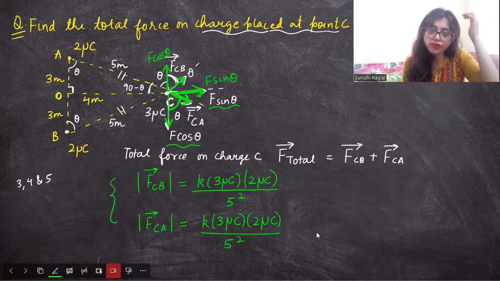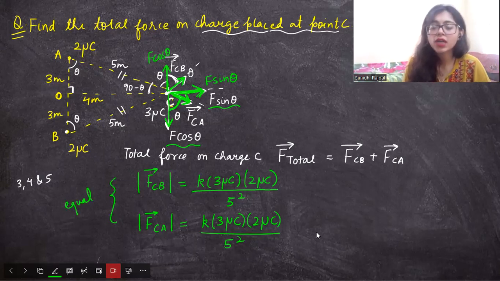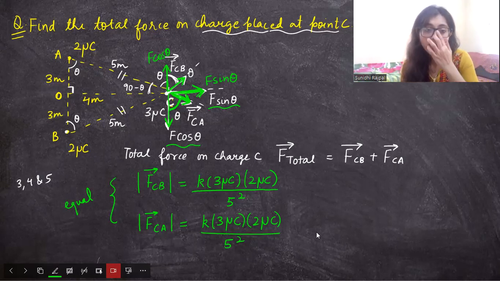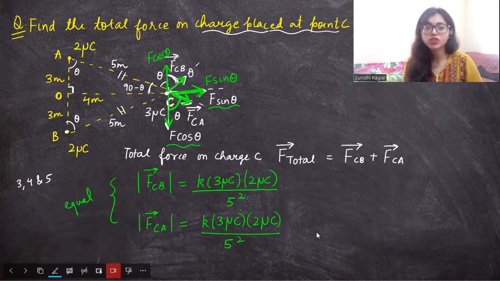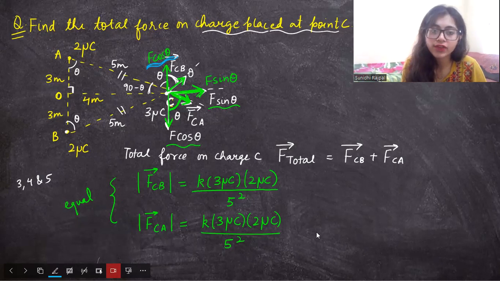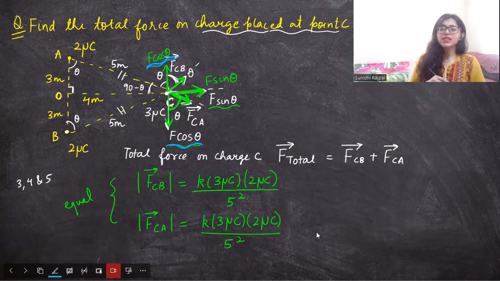So are these two forces equal? Are the magnitudes of these two forces equal? So if the magnitude of two forces is equal, then will... Now you will answer this yourself. Will this F cos theta, which I have written over here, and this F cos theta balance each other? क्या ये एक दूसरे को बैलेंस करेंगे?